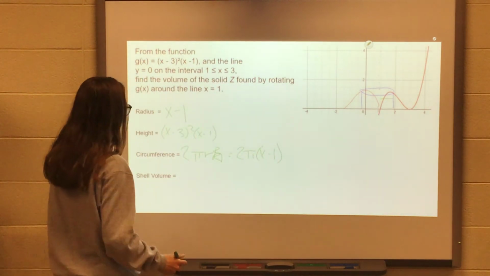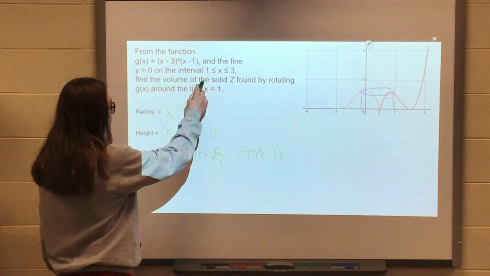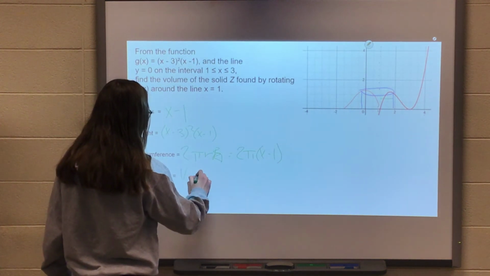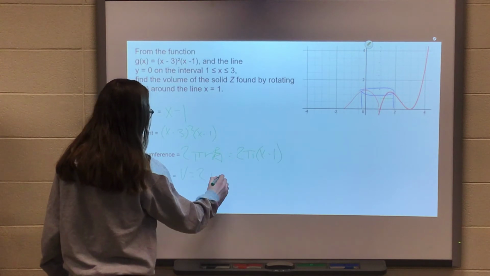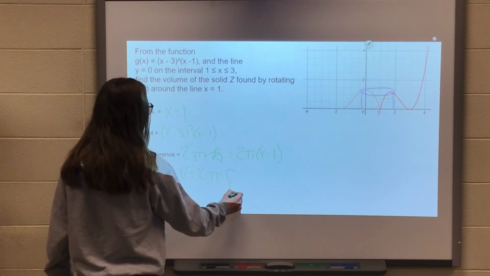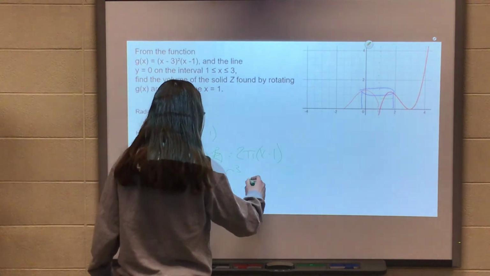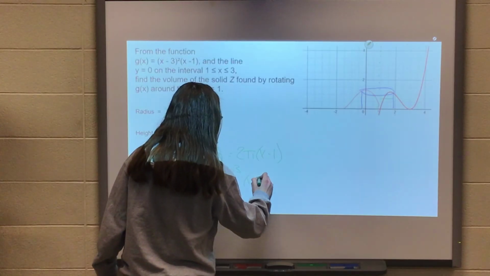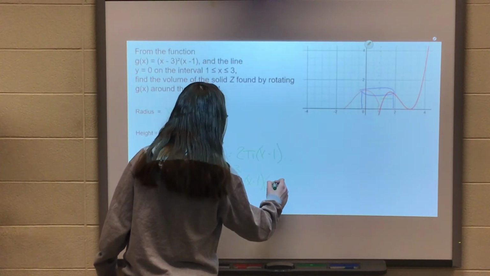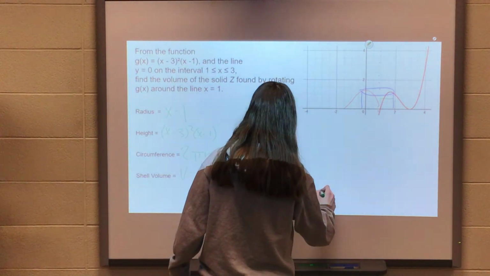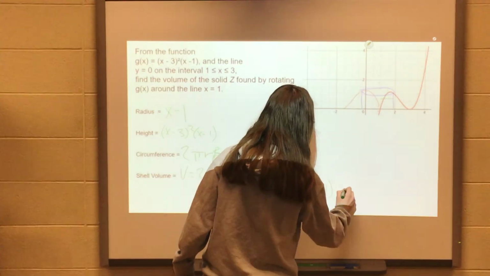Yeah, okay, so then since we see that it's from 1 to 3, the value is 2 pi times the integral from 1 to 3, and then we just put in our radius times height, so that's x minus 1 times x minus 3 squared times x minus 1, and then dx.